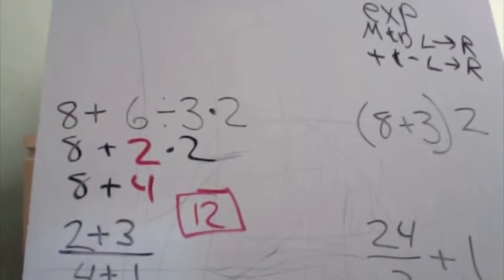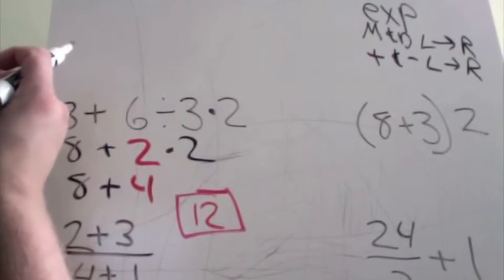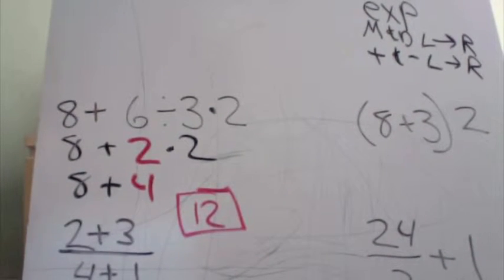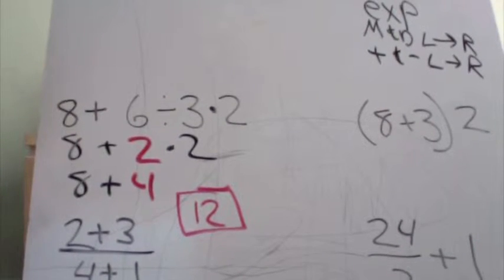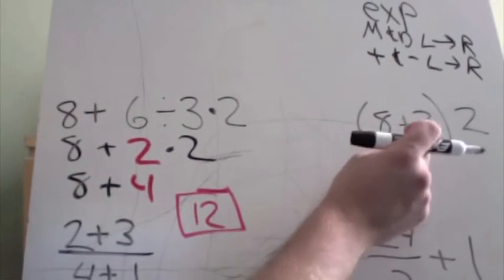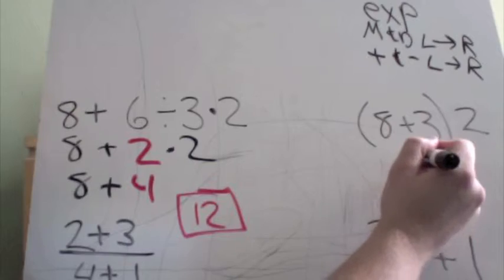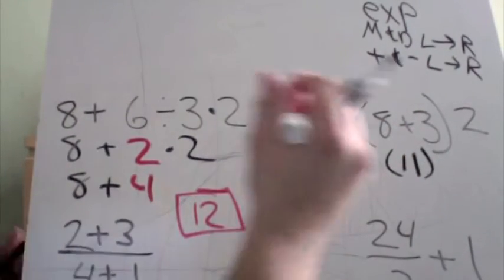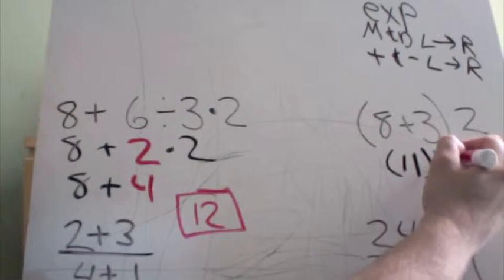Okay, so first do what's inside the parentheses. Well, 8 plus 3. Normally the addition would always come last. However, in this case, because it's inside parentheses, it gets to trump everything else. So 8 plus 3 is 11. Okay, now it's still in these parentheses, but there's nothing to do inside the parentheses.